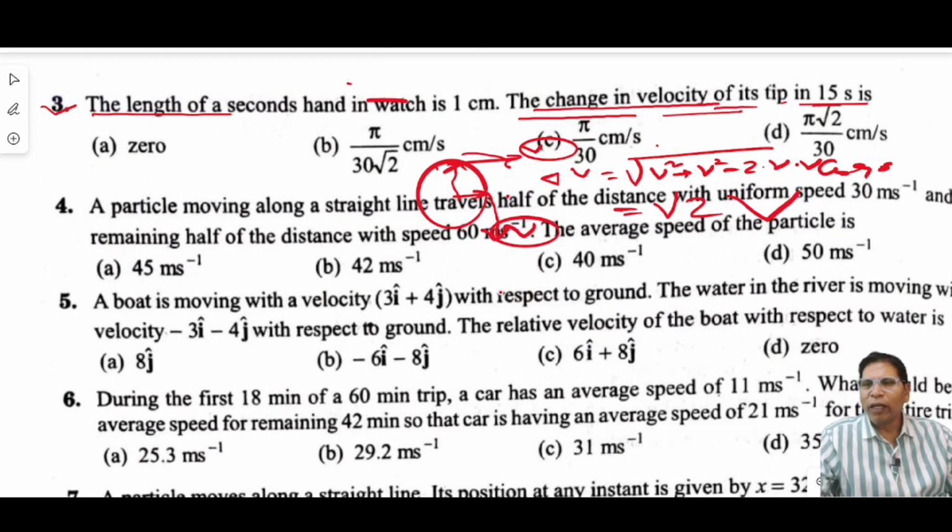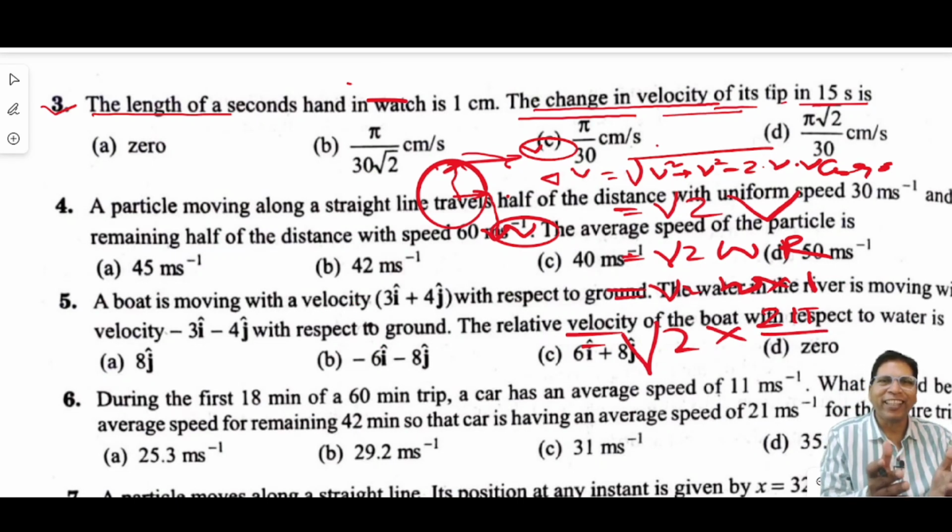Now the velocity of the second hand is omega into r, so the change in velocity is root 2 into omega into r. Here r is 1 centimeter, so this is root 2 into omega. What is omega? Omega is 2 pi by T. What is the time period of the second hand?